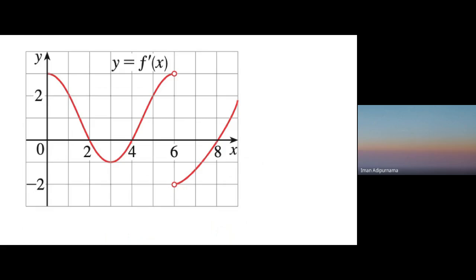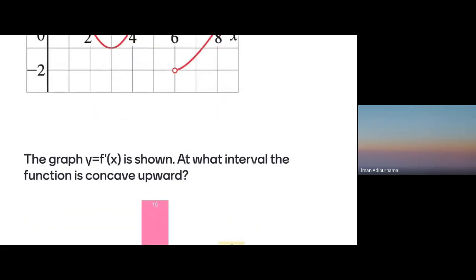So this red curve here is the first derivative. The question is asking: the graph of f prime is shown, on what interval is the function concave upward? So we want to find the interval for which the function is concave upwards.